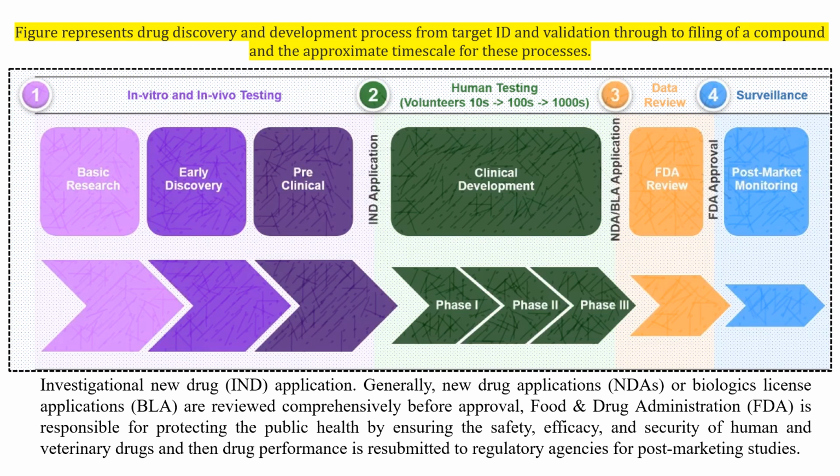This schematic diagram represents the drug discovery and development process from target identification until the compound is marketed. During drug discovery and development, the drug may undergo different applications, such as the investigational new drug application, the new drug application, that is NDA, or the biologics license application, and the Food and Drug Administration.